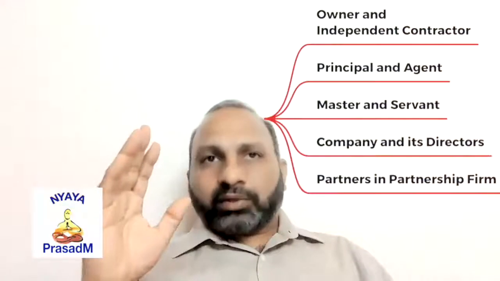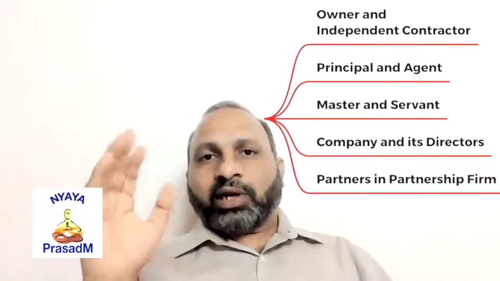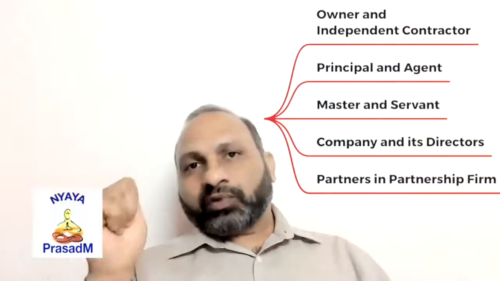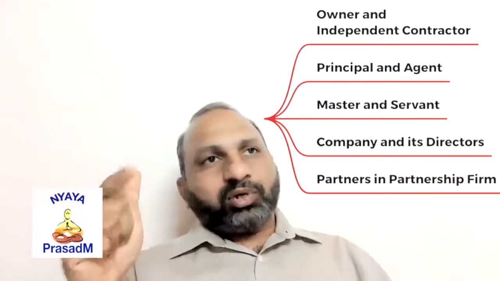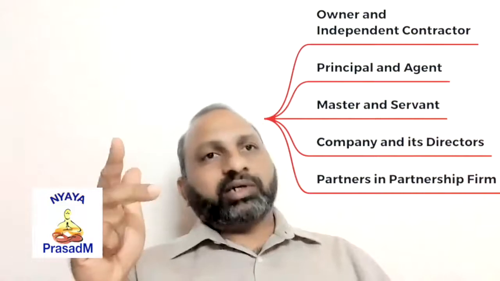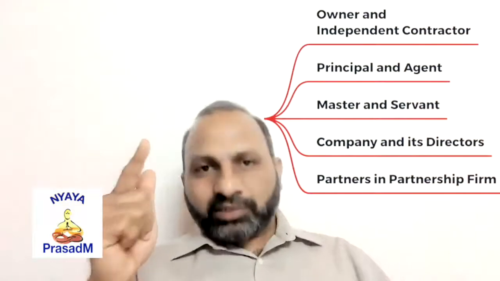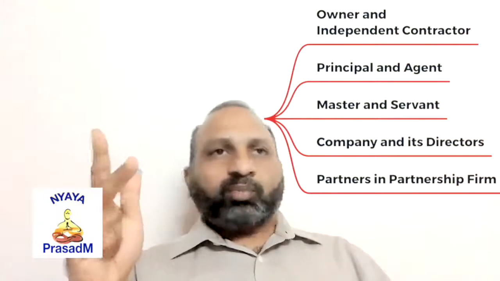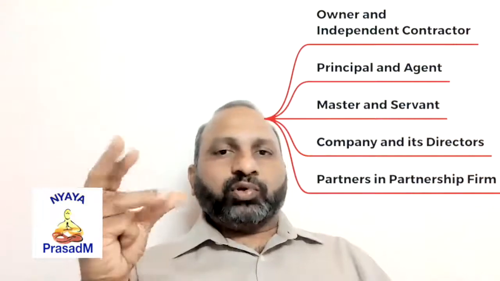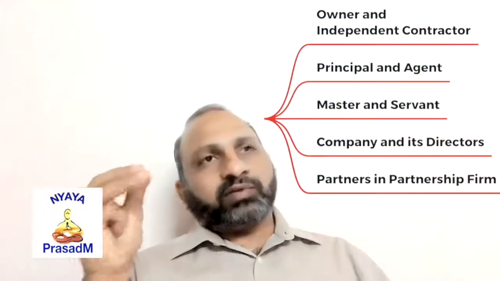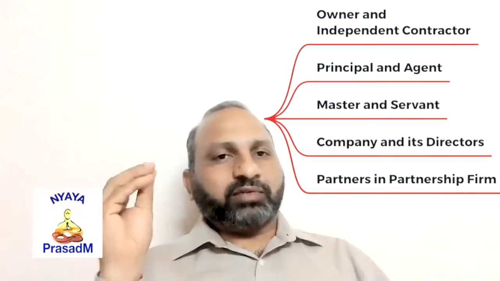Owner, the first one, is for owner and independent contractor. The second relation is principal and agent. The third one is master and servant. The fourth one is company and its directors. The fifth one is partners in a partnership firm.